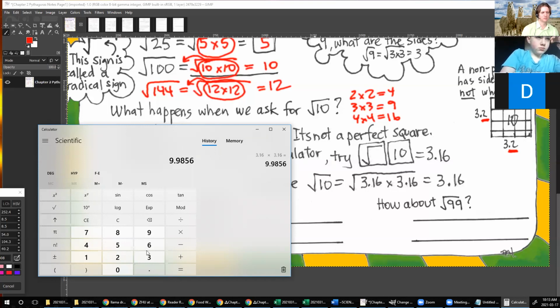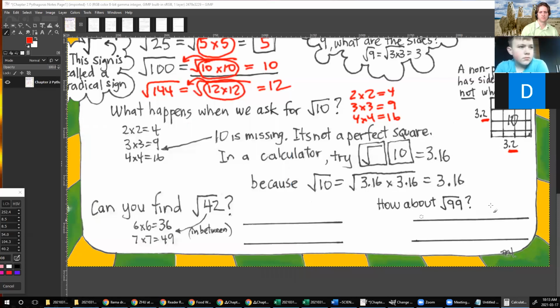So it's pretty darn close. If I do the square root of 10, that's an even closer one, but it's not exact either. For this example, 3.16 or 3.2, sometimes that's close enough.